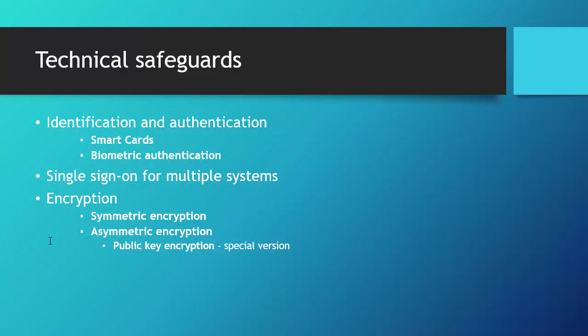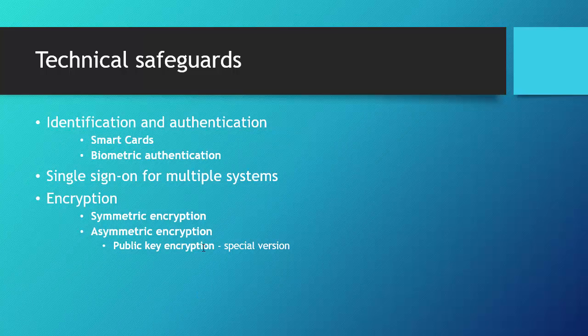The only thing different on this slide might be the types of encryption you may encounter. And this is the symmetric encryption, which uses one key, and then the asymmetric encryption uses two keys.